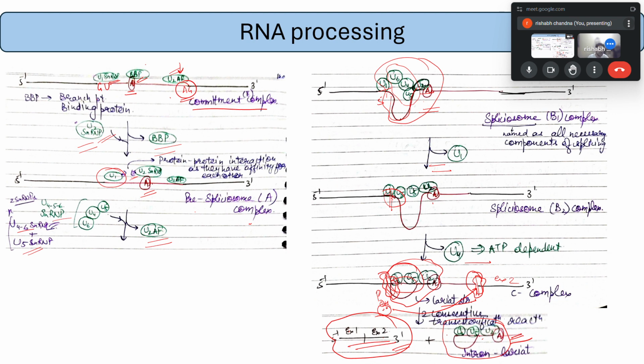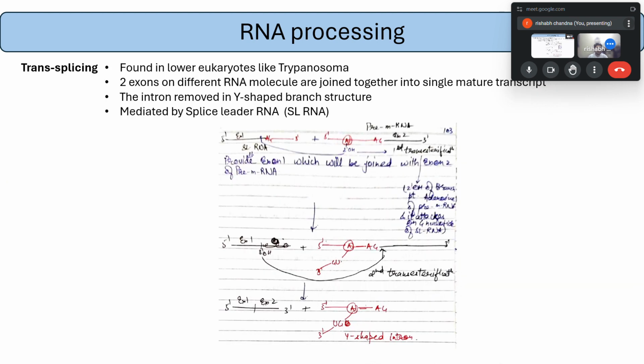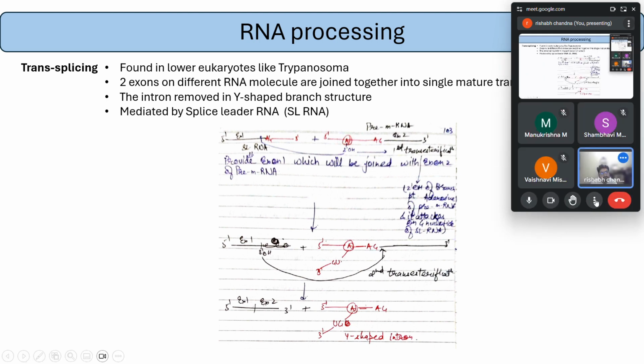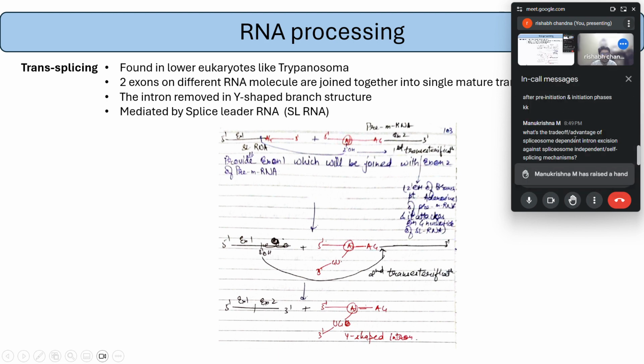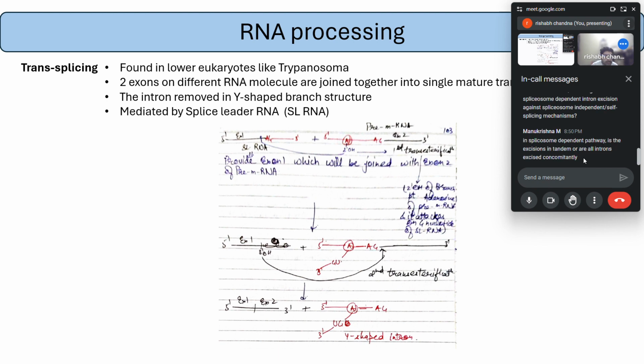This is the main advantage of the spliceosome complex.